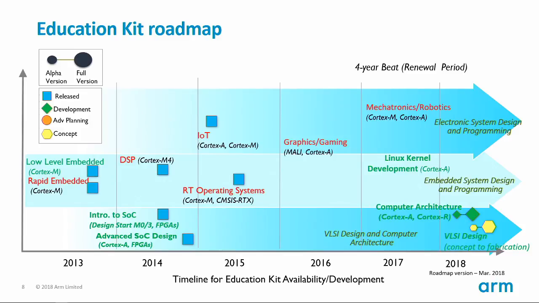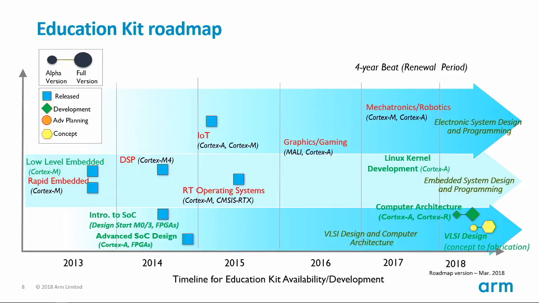This is the roadmap for our teaching courses. It covers three segments of the electronics industry: from the very top, the application design for the electronic system, including gaming and graphics and Internet of Things, to the system level like RTOS, DSP, or Linux kernel, and to the electronics level like computer architecture, VLSI design, and SoC design.